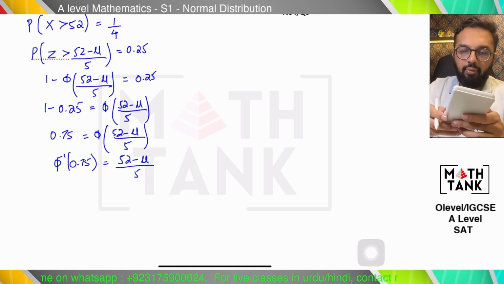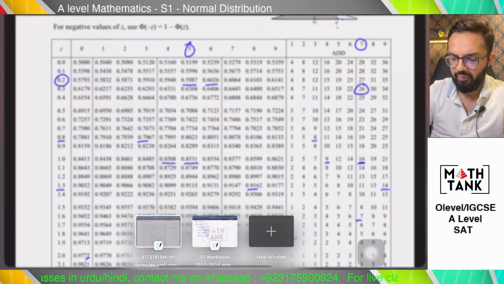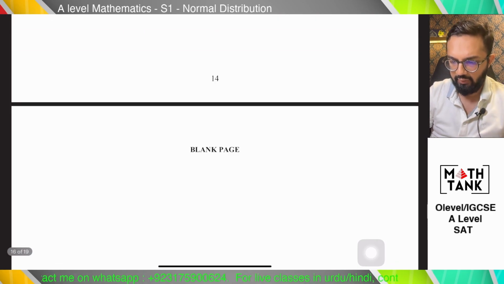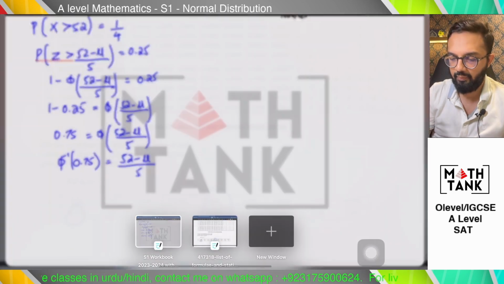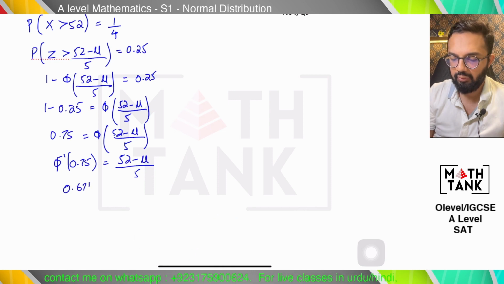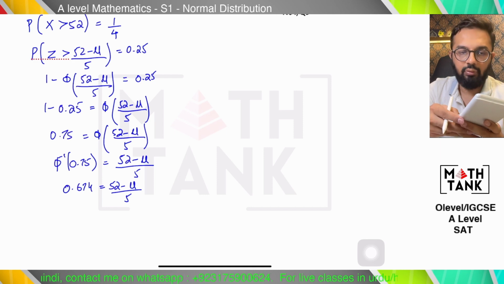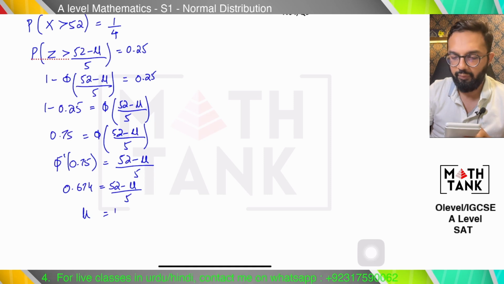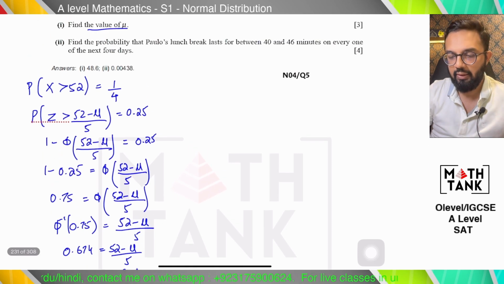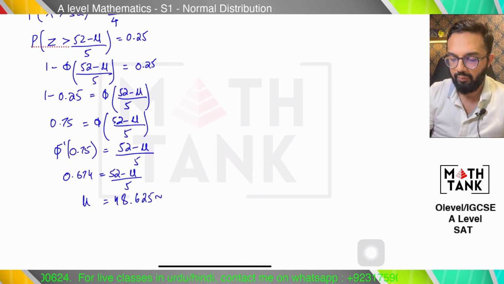That's 0.674, I think. That's what I read from the table the last time for 0.75. Let's quickly go back. Yeah, 0.674. So mu is then 48.6. I will round it off to three significant figures. It was 48.625. That rounds off to 48.6.